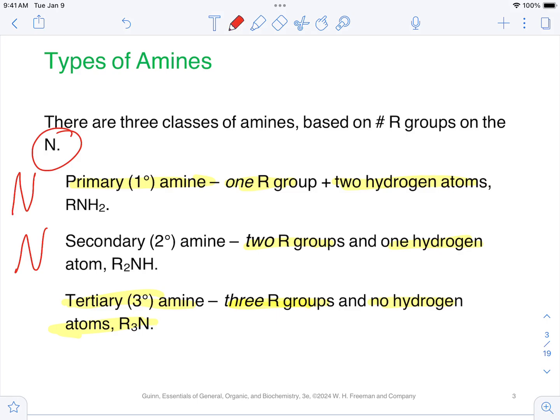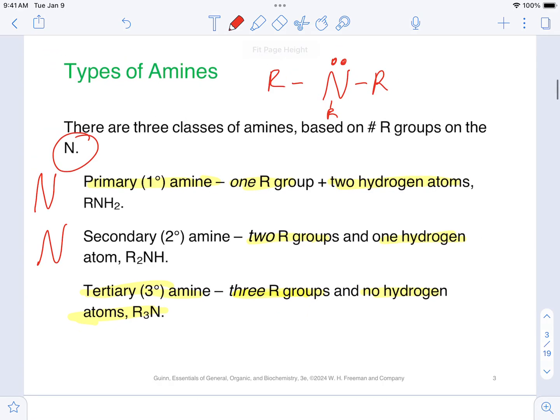So your nitrogen here will always have, or most of the time will have, a lone pair on it. So it'll always have two dots, and then it'll either be a primary where it looks like this, or a secondary where it looks like this, or a tertiary where it looks like this.